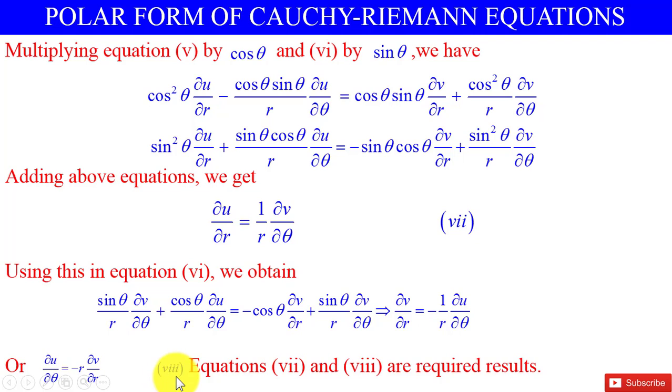This is equation number 8. Equations 7 and 8 are the required results, and this is all about the polar form of Cauchy-Riemann equations.